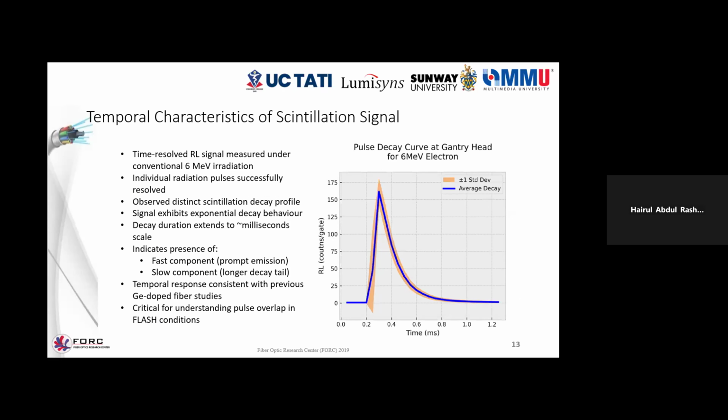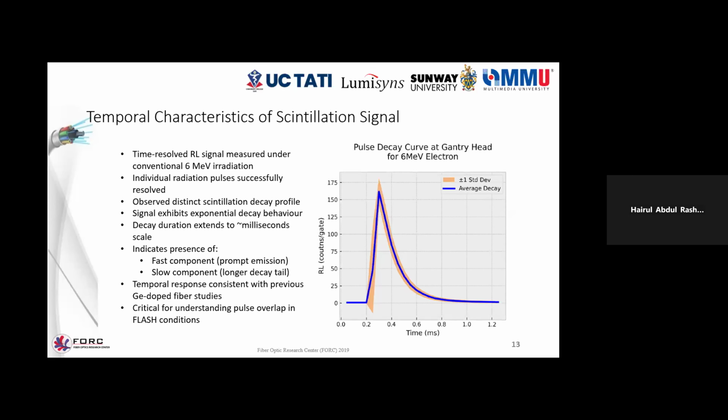We also looked at the temporal characteristics of the scintillation signal. When we zoom into one particular pulse, we can observe the distinct scintillation rise and decay profile. The signal exhibits exponential decay behavior, as expected from the scintillator material that we used.